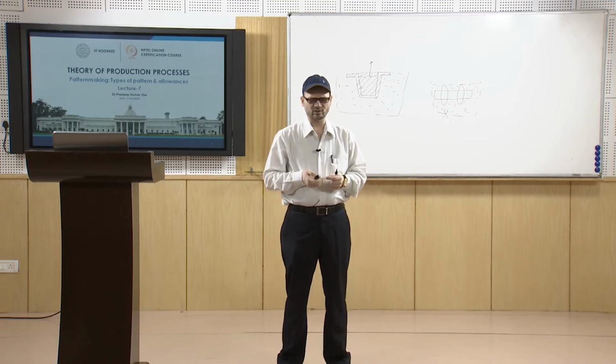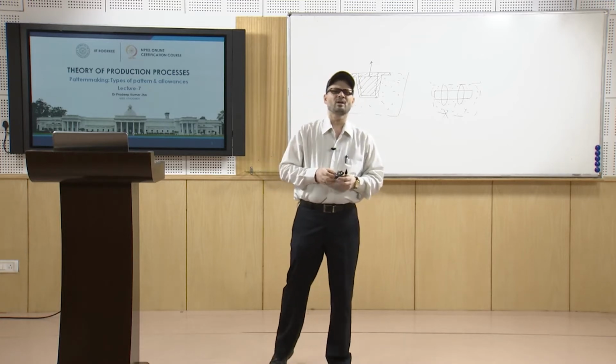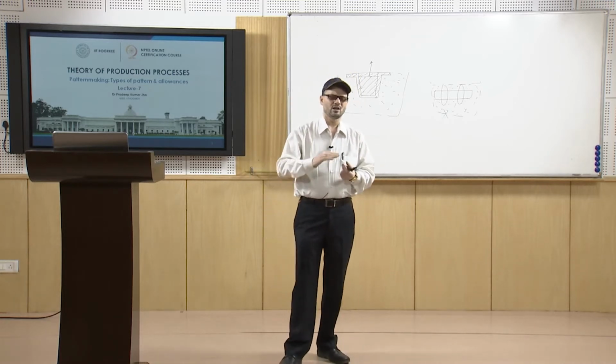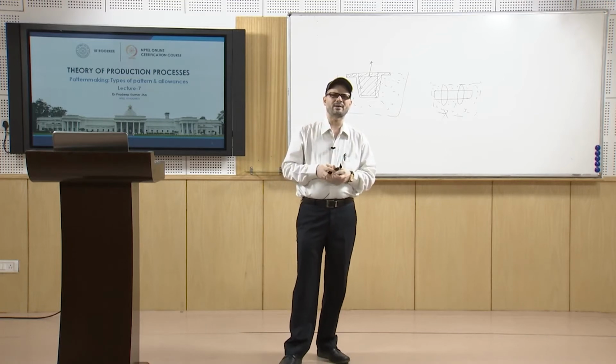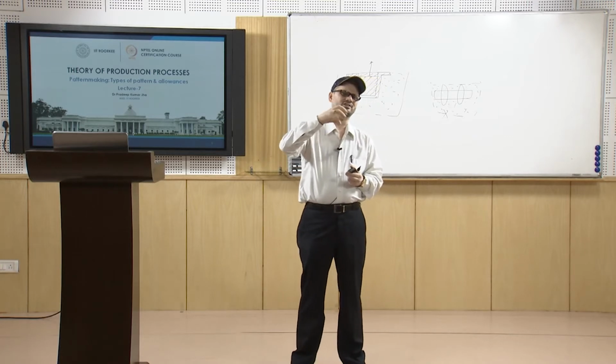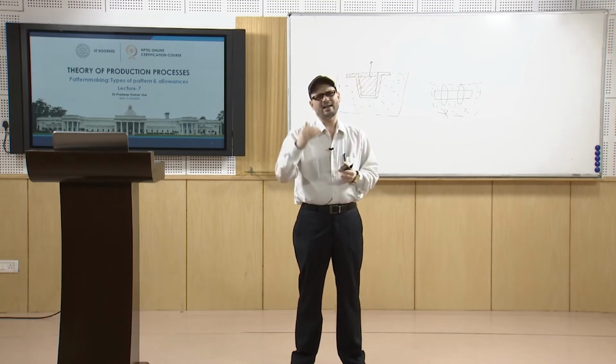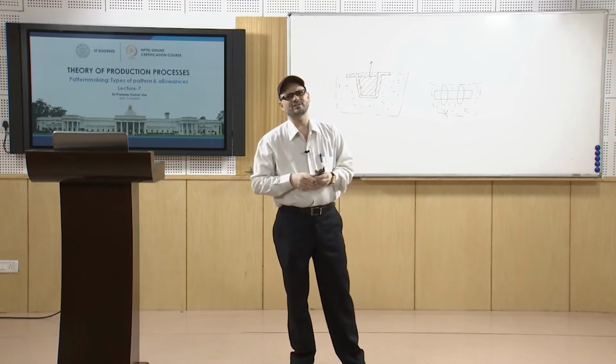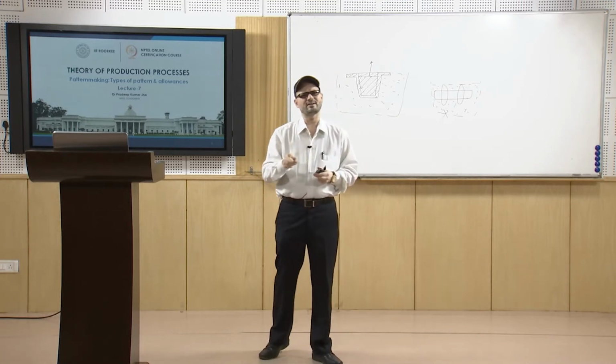So what is there in cope and drag pattern? You have two parts. One is for the cope, you have a pattern plate. On the pattern plate you have the projection for the cope portion, and another pattern plate is there for the drag pattern.